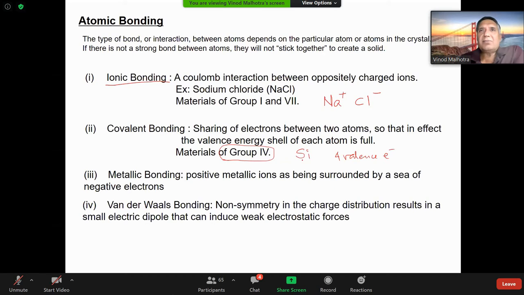So let me not draw it here again: each silicon shares its electron with its neighbors, and that's how the shell is complete with 8 electrons. Of course, there is metallic bonding and van der Waals. I'll let you read this. This is not relevant. But what is important is how sharing is done. So we'll come to that next.